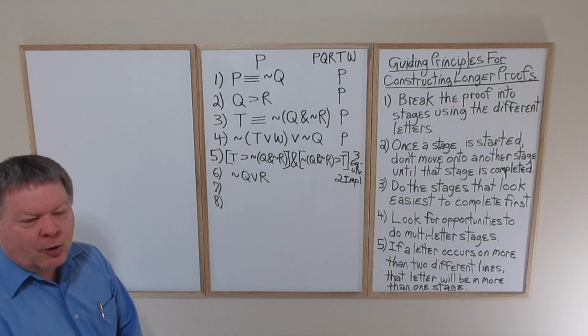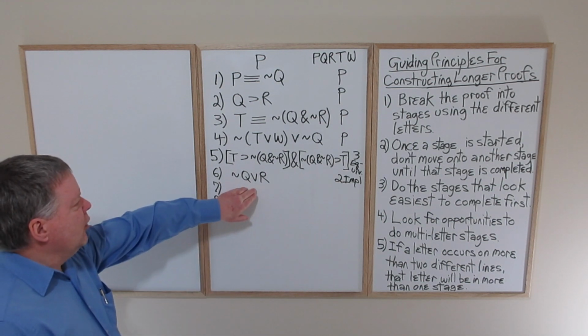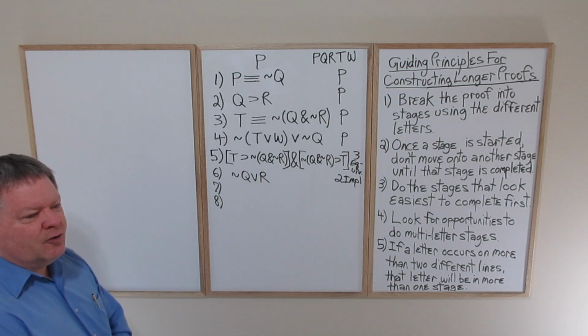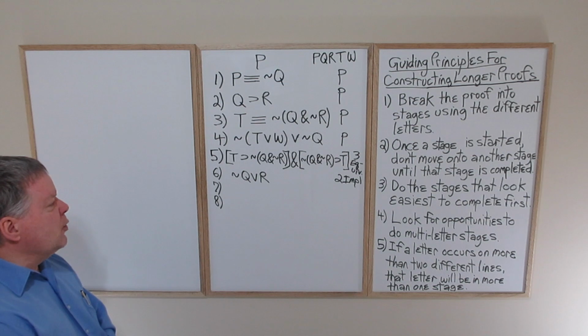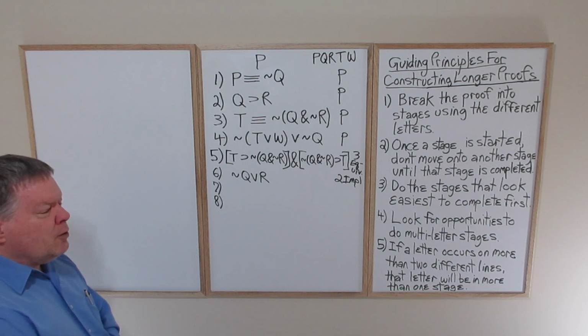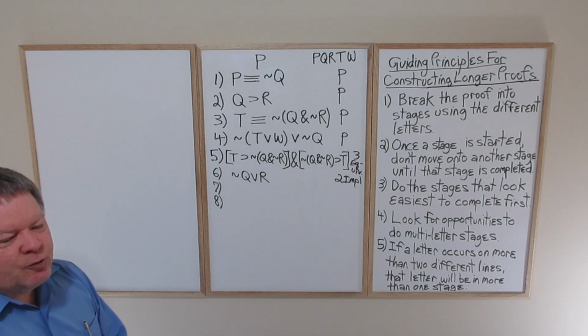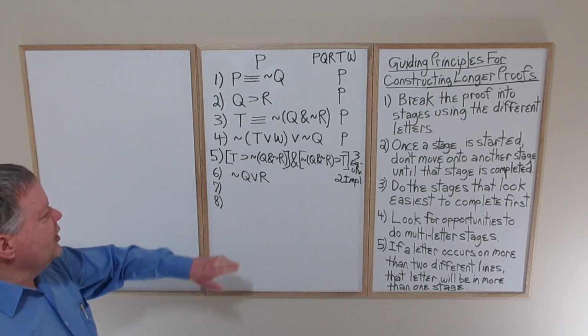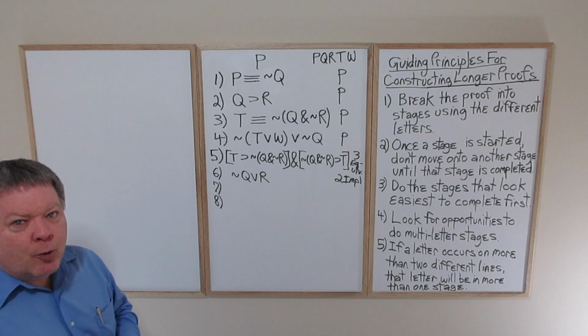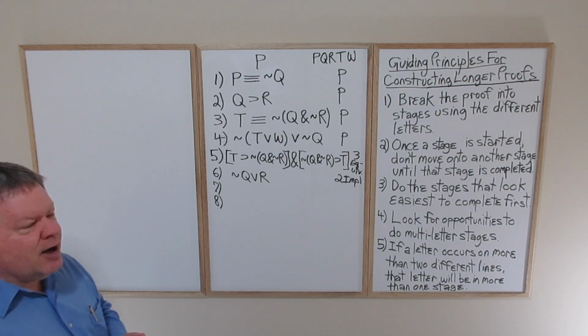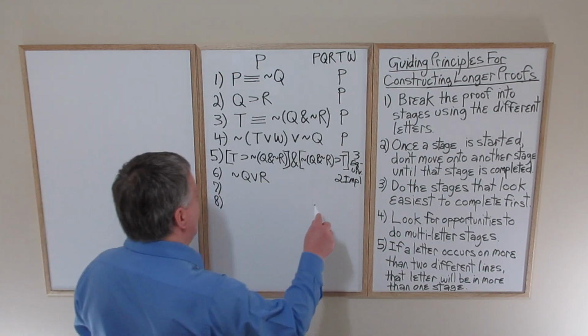One thing to notice though, look at the template. What we have in line 6 is not quite what we need to employ the De Morgan's rule. What we need to employ the De Morgan's rule, going from the right to the left, is a disjunction, non-negated, but both disjuncts are negated. We don't quite have that.